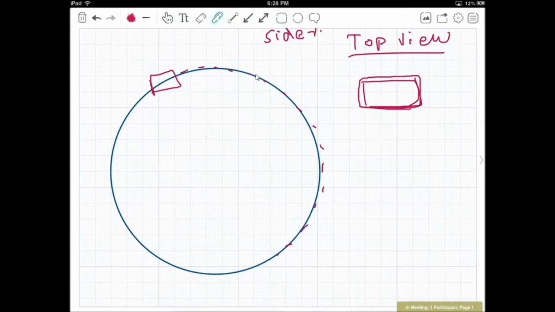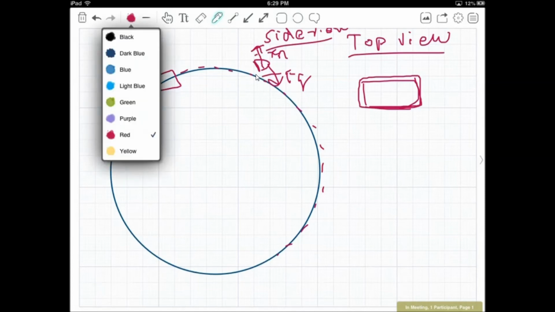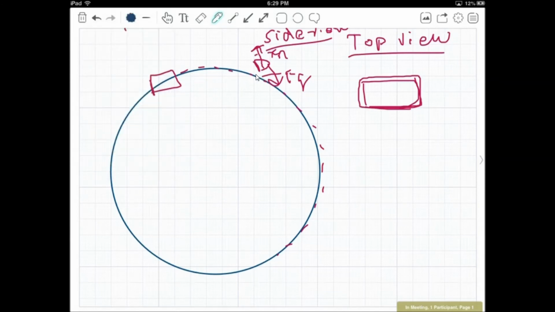In the side view, it's a really simple situation where the normal force that we have and the gravitational force are equal and they cancel out. The car doesn't accelerate up or down, in other words, which we already know.